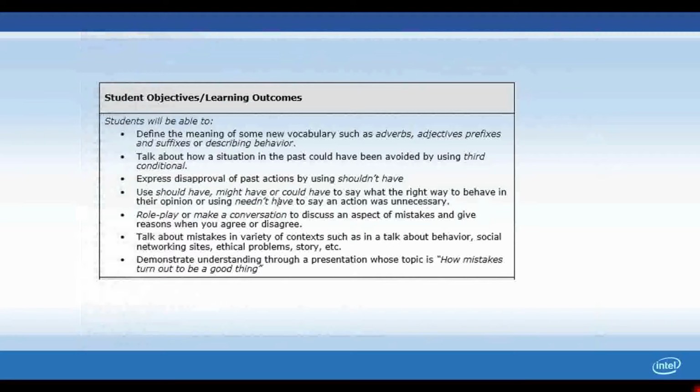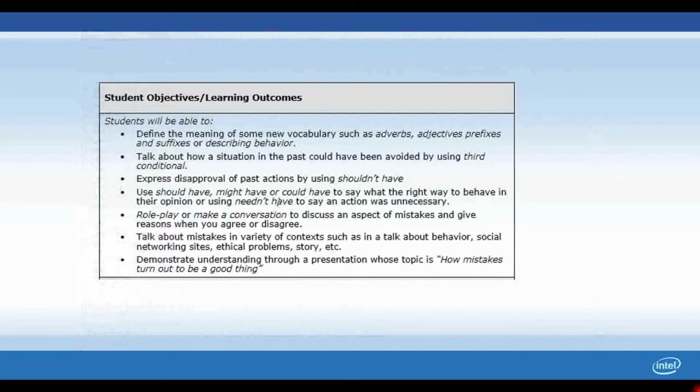At the end of the unit, I want my students to be able to define the meaning of some new vocabulary such as adverbs, adjectives, prefixes, suffixes, or words describing behavior. Talk about how a situation in the past could have been avoided by using the third conditional.